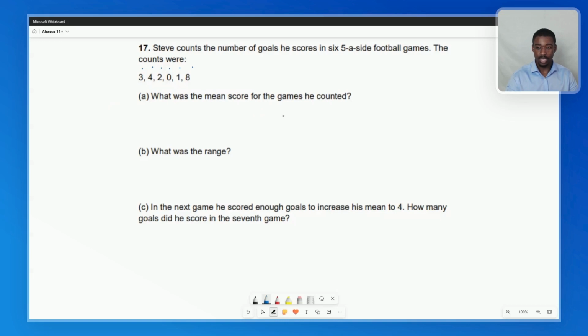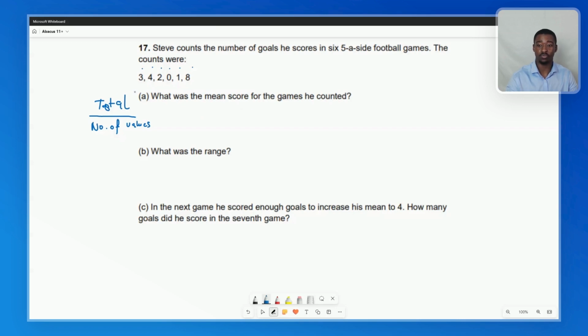So for the mean, how do we work this out? We take the total and we divide it by how many data points we have, how many values. Number of values. So here, what's the total? What's the numerator?